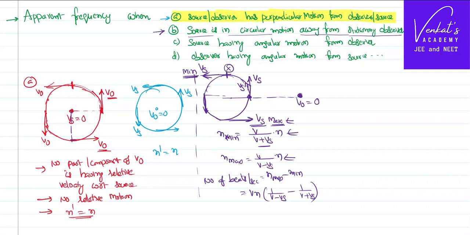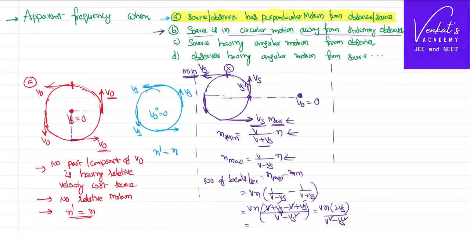This can be further simplified. The denominator is v square minus vs square, with numerator v plus vs minus v plus vs. The v and v will cancel, multiplied by vn. So our equation is vn into 2vs by v square minus vs square.